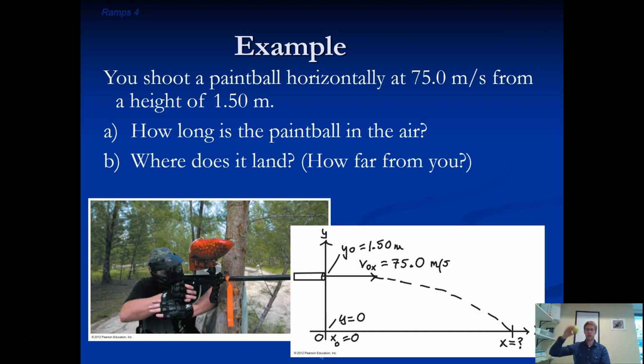If I was dropping it straight down from 1.5 meters high, the time would be the same because it's not having any vertical velocity at the beginning. It's not moving up or down at the very beginning. Okay, so we're going to start by trying to figure out the time using the vertical motion, treating it as if it's just something we're dropping from 1.5 meters high.